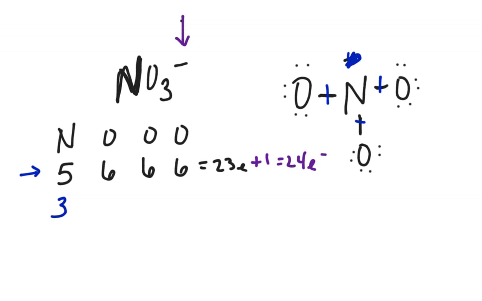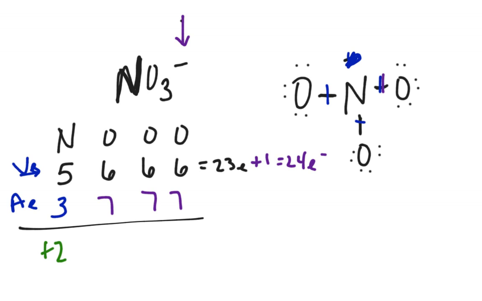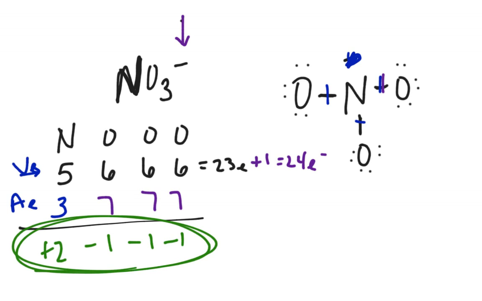So this is my valence electrons, this is my actual electrons. This oxygen has 7, and so do all the other ones. So if I look at the difference here, this is a +2 charge, and these are all -1s. So I have huge discrepancies in charge here. I want to keep these numbers as low as I possibly can. So this is one valid Lewis dot structure.